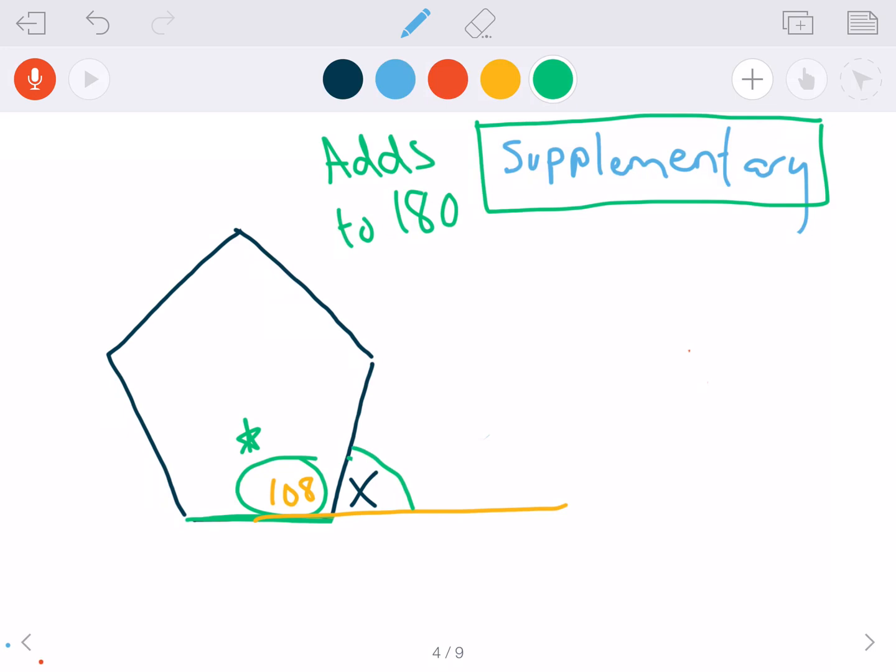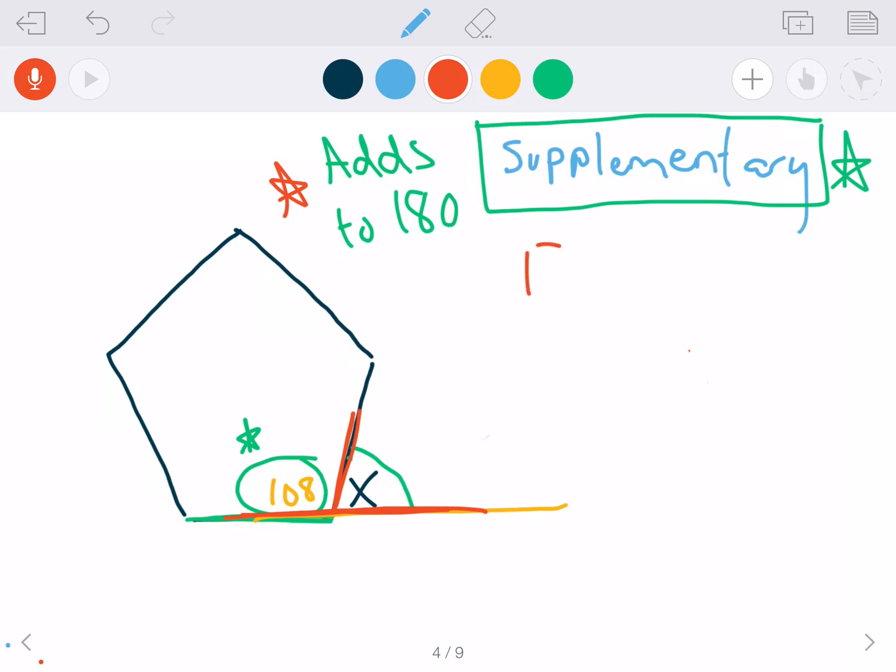So if I want to find that exterior angle, we're going to focus on the fact that these two angles are supplementary. Meaning, if we're looking at both these angles put together, they end up forming a straight line, and a straight angle is adding up to 180 degrees.